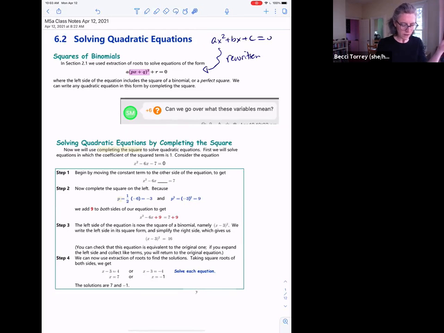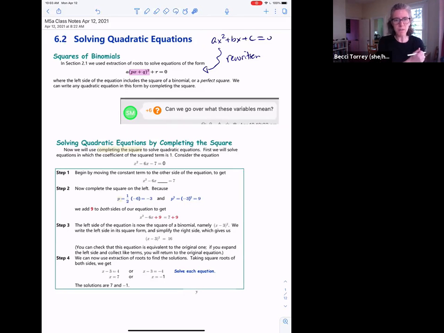Then they're finding the p and q values so that you can write it as what we call a binomial, which people were asking about, something squared, and then you can use the fact that it's a square to take the square root in order to solve. So that's how you do completing the square.